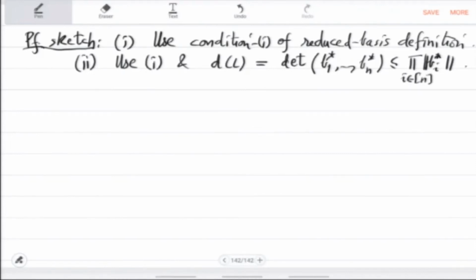And then you can use inequality 1 again, which will relate bi star with bi. So that is how you will get inequality 2.